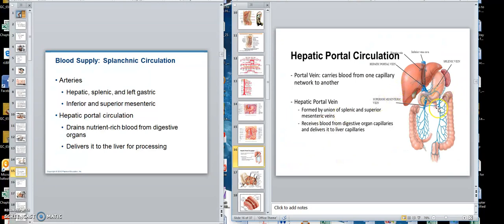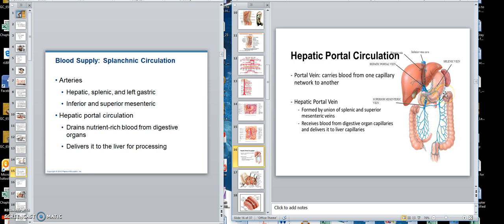This is the superior mesenteric vein. The hepatic portal vein is formed by the union of the splenic and superior mesenteric veins, and takes blood into the liver. The liver processes it first, and then delivers it into the inferior vena cava. So all absorption of water-soluble stuff goes through the liver first.